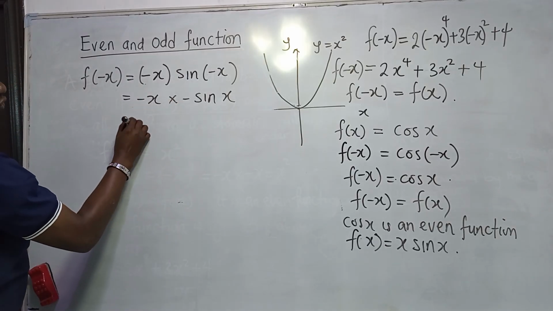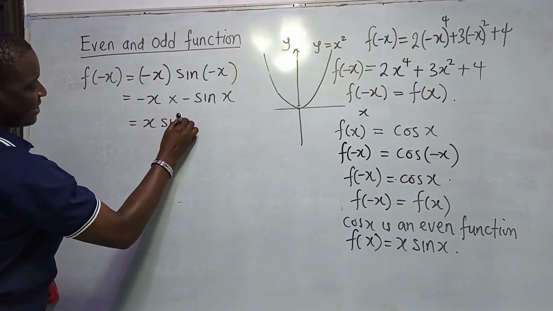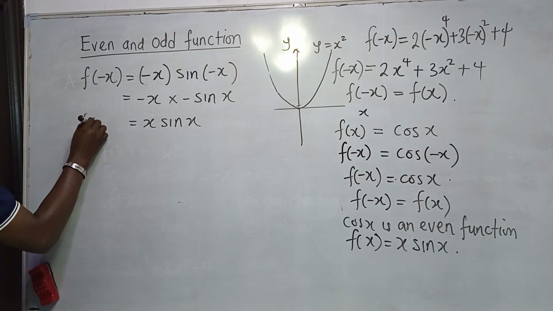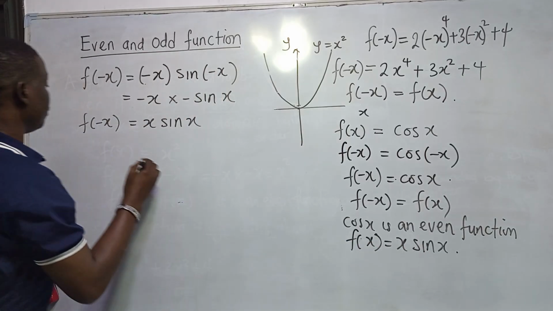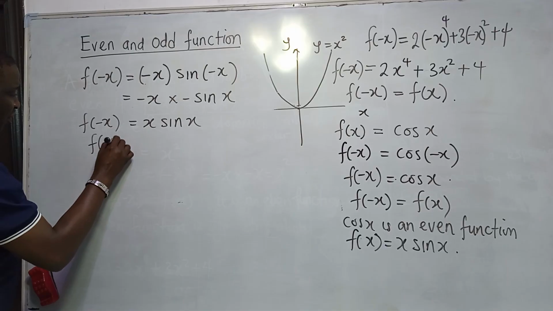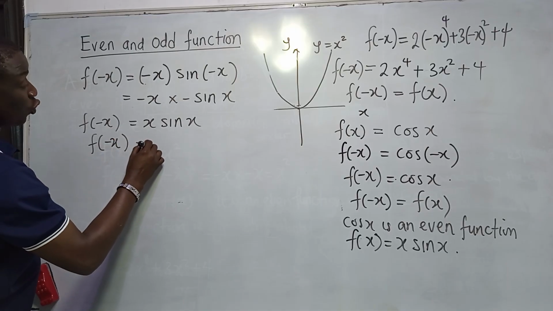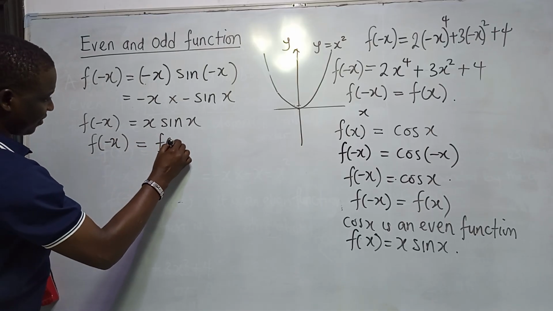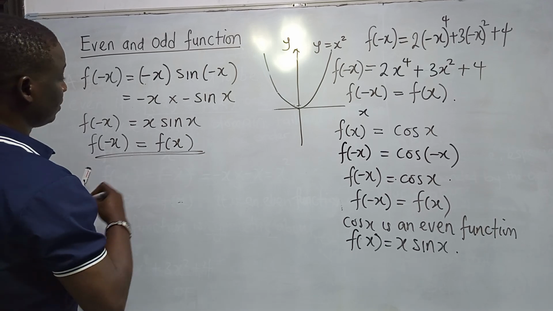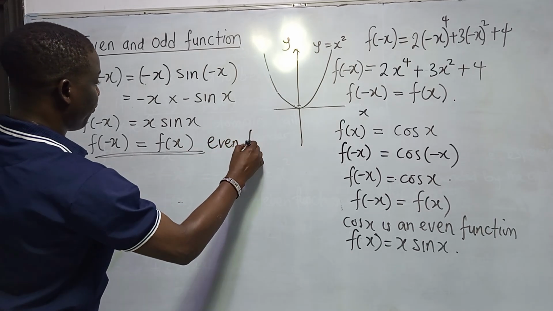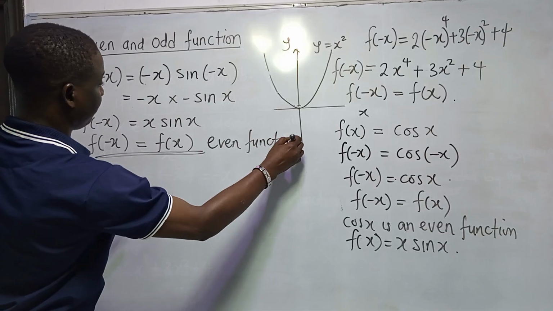Minus times minus will give us plus, so I will have x times sine x. So this one is giving us back the original function. Therefore, f of minus x is equal to f of x. So this is an even function. Clear?